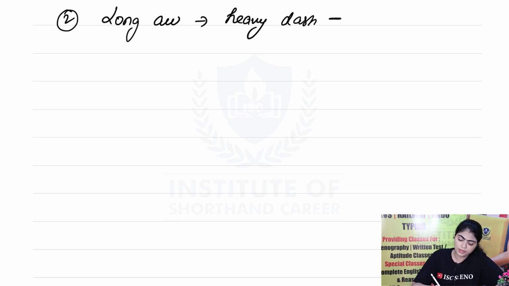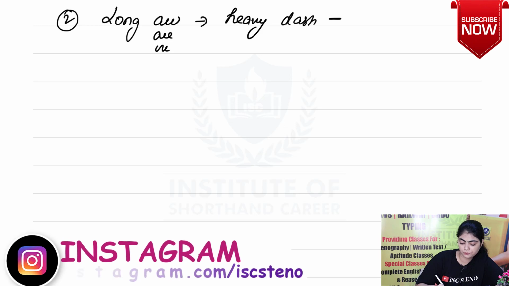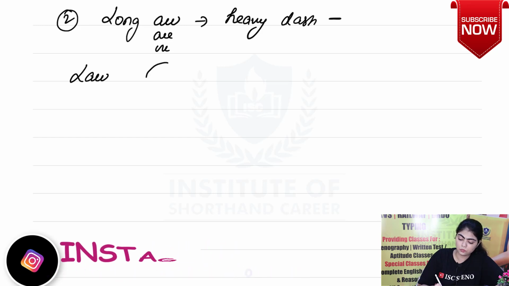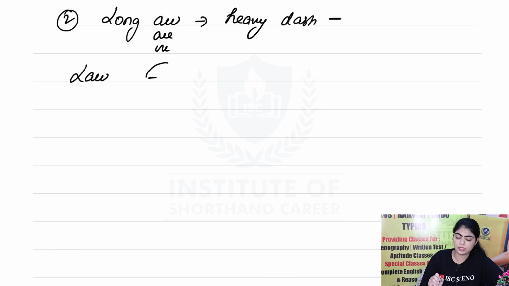You might see the spellings of AW, AU, or even OU. And still it's giving the sound of O, you just place the heavy dash for it. For example, try out this word, law. In case of law, L is like this, and the first place is in the beginning, over here. So law, place a dash for O. This is law. Okay?